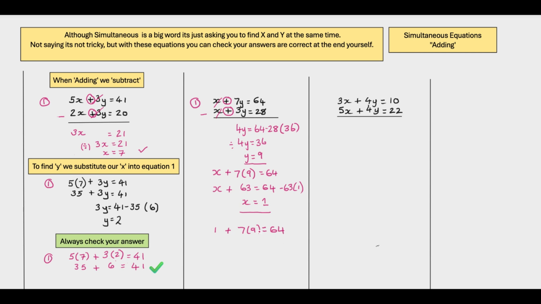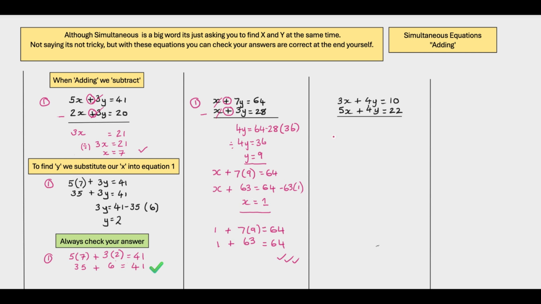So we know that 7 times 9, 63, plus the 1 equals 64. There you go. Your answer's right, correct. And like I said before, if it didn't equal 64, you have done something wrong and you need to go back and check your working out.